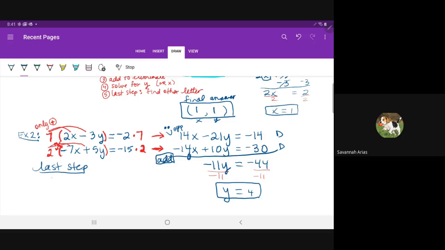Last step is you pick either equation. I'm just picking the top one, but you pick either equation, take your answer from here and put it in for the letter here. So you're saying that y turned out to be 4.